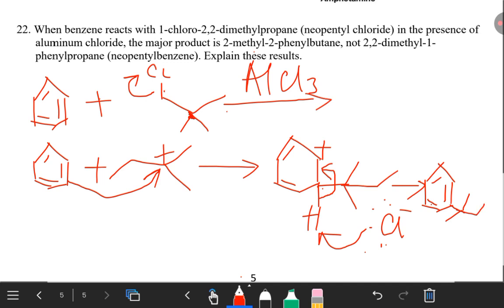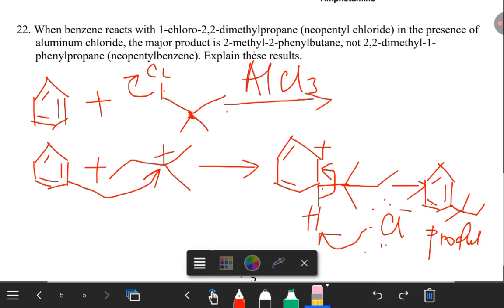Okay, so this is now our product. Apart from this, you can see that we're also forming something. That's chloride.